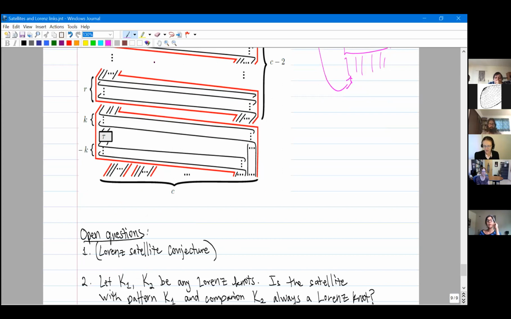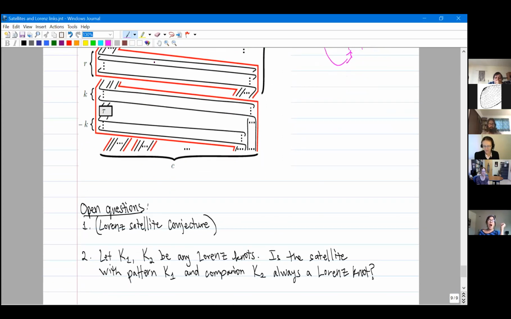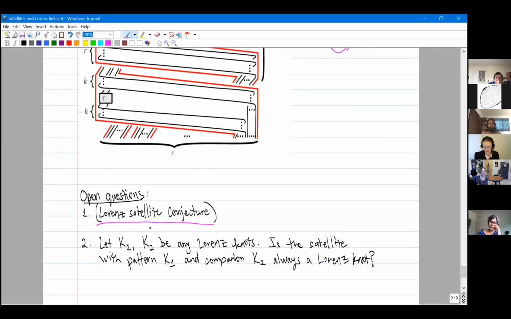So some open questions that remain from this work are, first of all, the Lorenz satellite conjecture, the upgraded Morton conjecture, Morton-Birman-Williams conjecture, maybe we can call it. And then another question is, if you're given any two Lorenz knots, and you take the satellite with pattern K1 and companion K2, is this always a Lorenz knot?